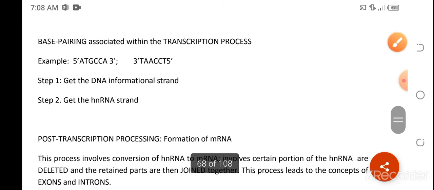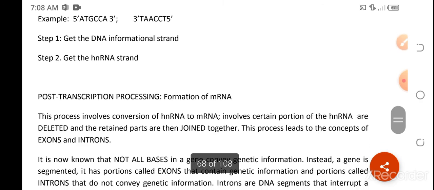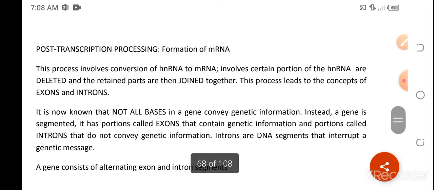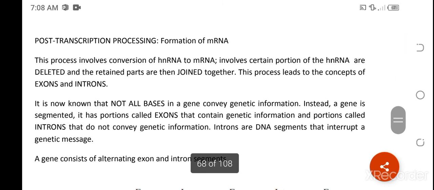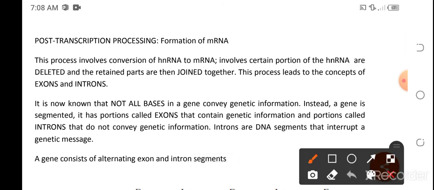Okay, but the process will not stop there na hnRNA lang ang maproduce natin. We have this post-transcription process wherein the hnRNA, being a heterogeneous nuclear RNA, will be converted to mRNA. Okay.